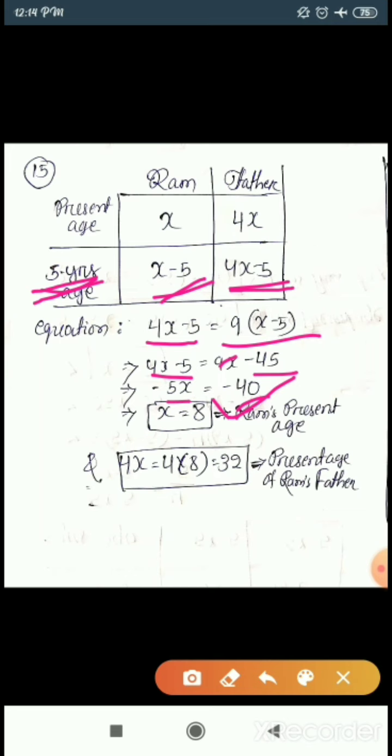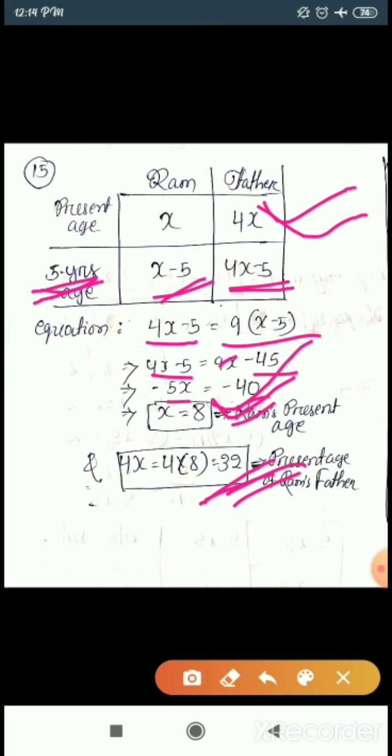Ram's present age is x, 8 years. Now you can find out the father's present age: 4 times x, means 4 times 8, that is 32 years. So Ram's father's age is 32 and Ram's age is 8 years now.